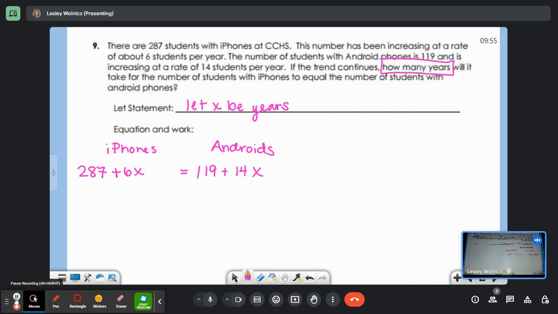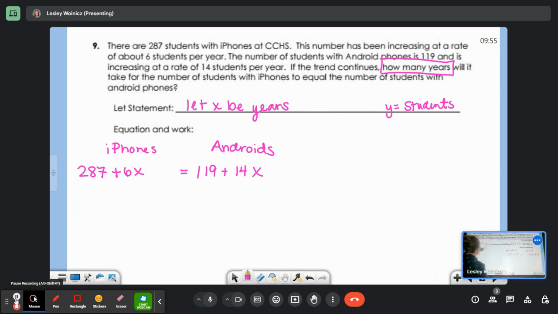So if we were thinking about this with our unit 8 hats on, we would have had to say X is years and Y is students, right? So do you see that our output on each side is going to be students? And we want the students to be equal, right?